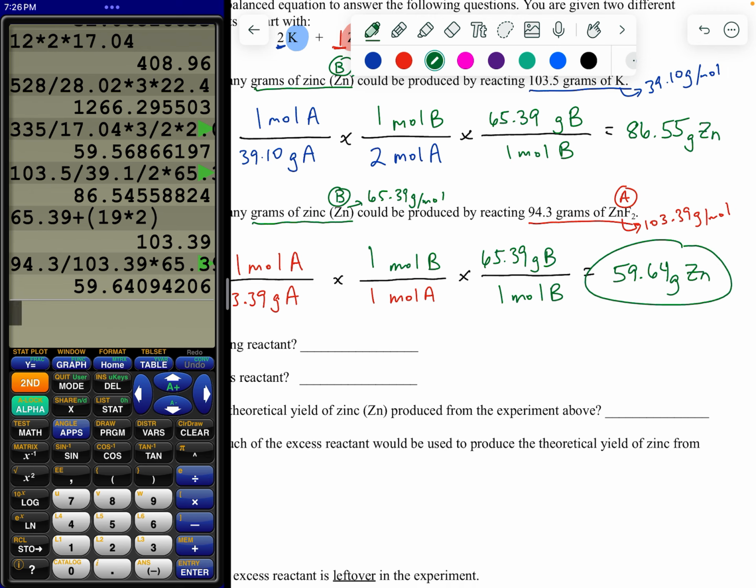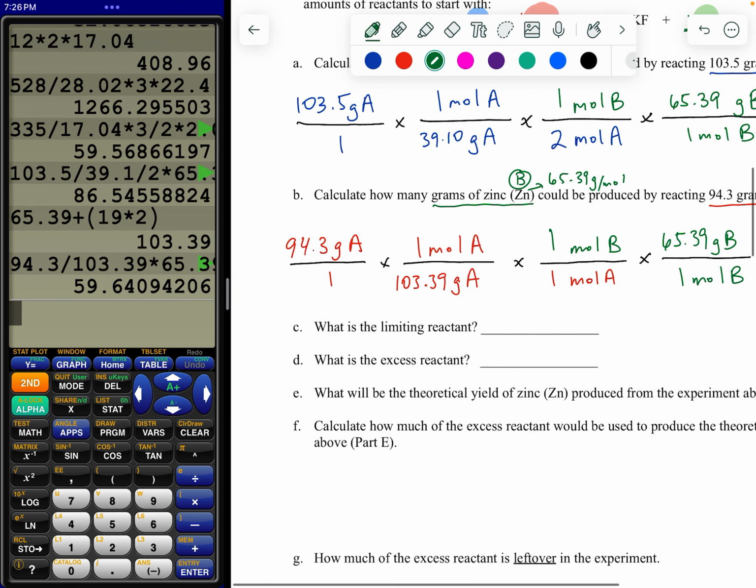So our zinc fluoride, this ZnF2, is going to run out before we're even able to make this, right? As soon as we make the 59.64 grams of zinc, our reaction stops because this is no longer present. It's all used up in the reaction.